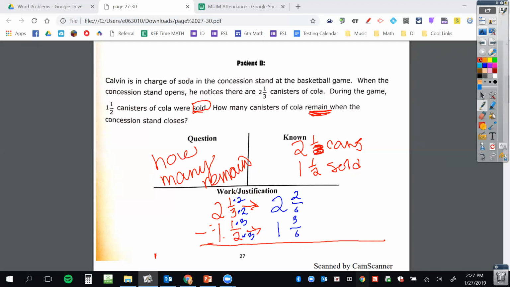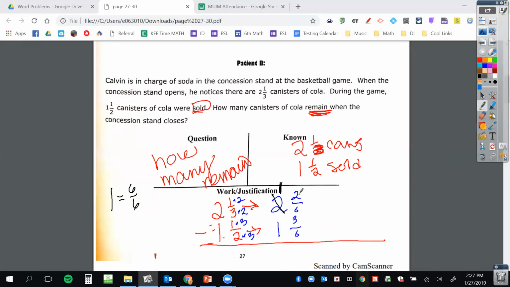Now, to subtract in this case, I need to take 3/6 away from 2/6. Well, I don't have enough. So just like normal, I would borrow. That becomes a 1. Now I borrowed 1 whole, except 1 whole written as a fraction in this case would be 6 out of 6.